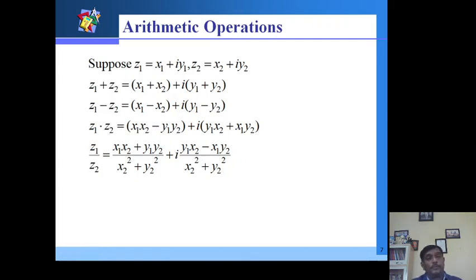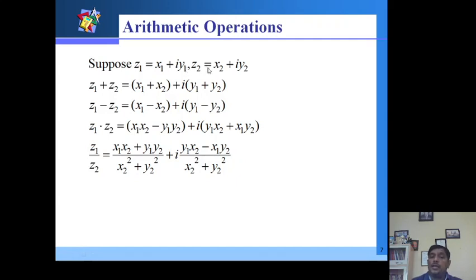In a similar way, the difference of two complex numbers is again a complex number. Also the product of two complex numbers: if you choose z1 and z2 and multiply these two, then you get x1 x2 minus y1 y2, since i into i is i squared, which becomes minus 1. That is the real part.